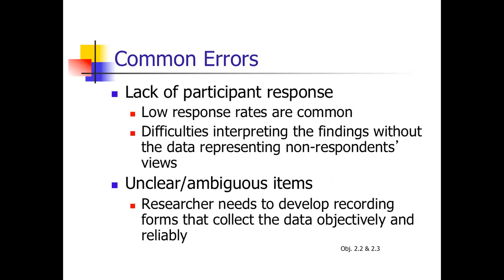Common errors or disadvantages of the descriptive method, especially when you are doing a survey, is first of all the lack of participant response. When you are doing a mail survey, or using Google Form, usually we call it Monkey survey, the participation is quite low, usually between 60 to 75%.